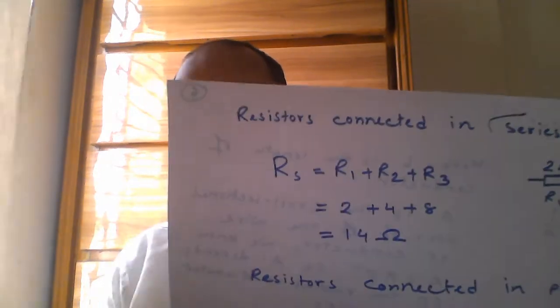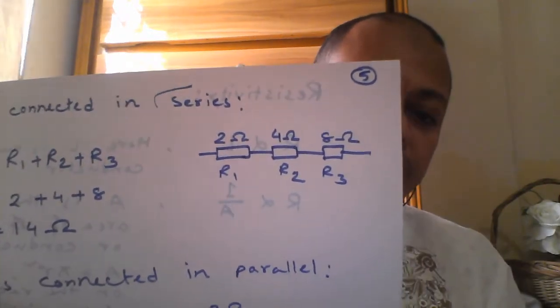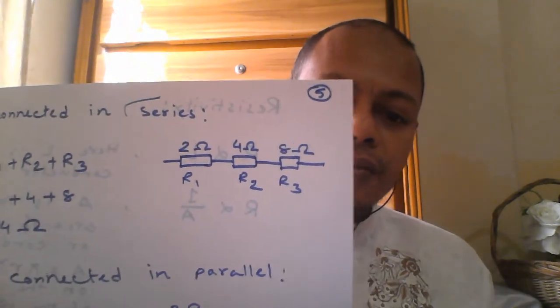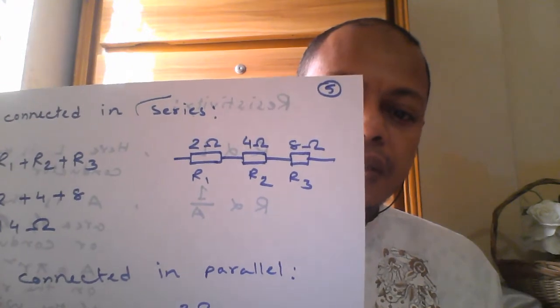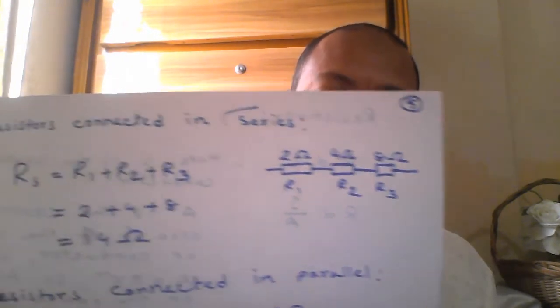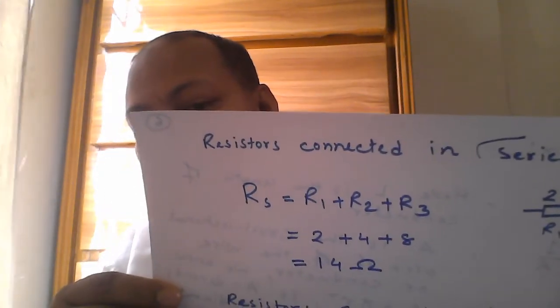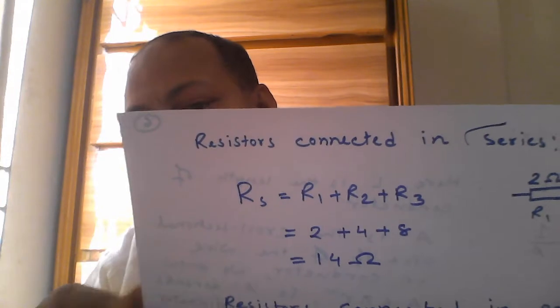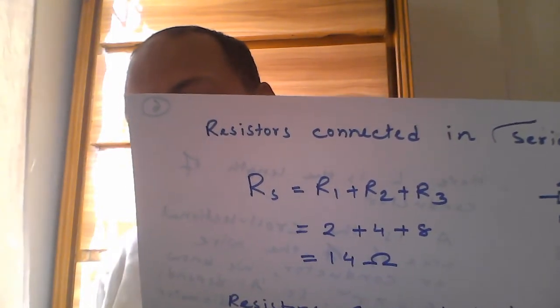And here I gave also the numerical values of the resistors. For R1 it is 2 ohms, R2 it is 4 ohms, and R3 8 ohms. If they are connected in series, then we will use this formula, RS equals 2 plus 4 plus 8. So we are getting combinedly here 14 ohms.